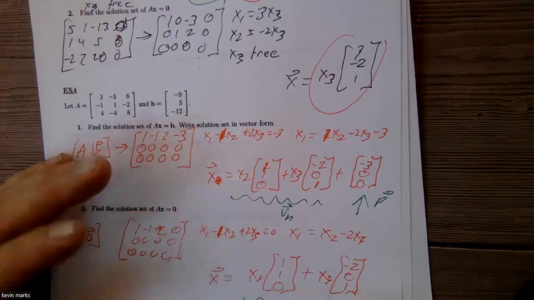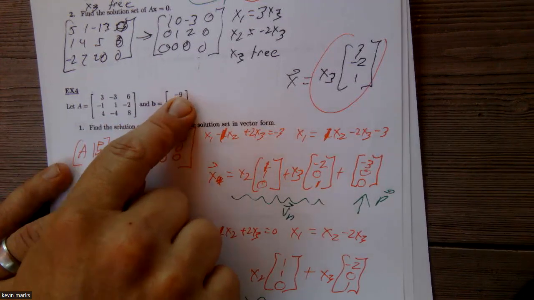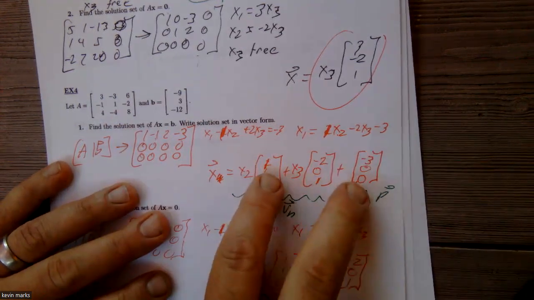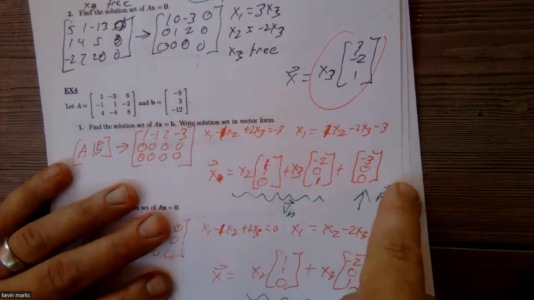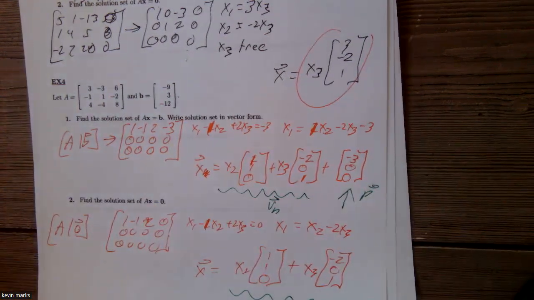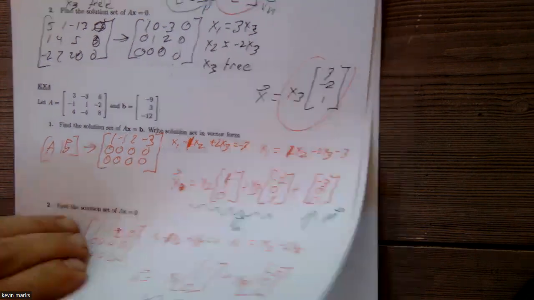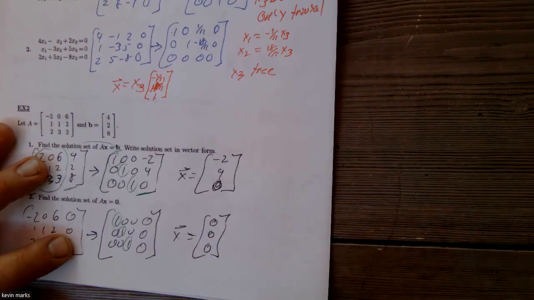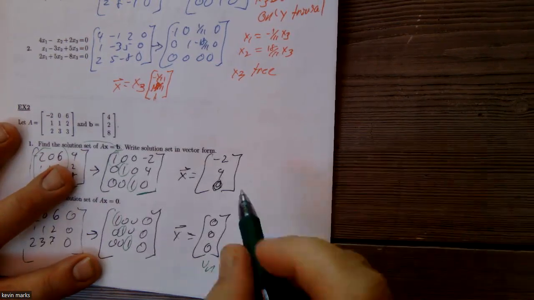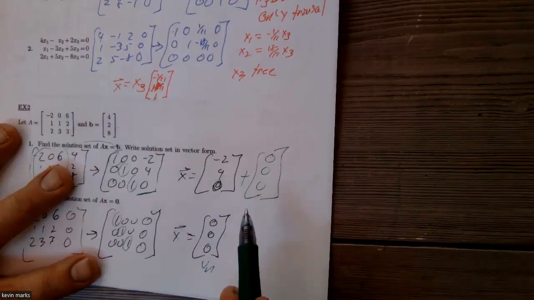But no matter how many free variables there are or how big things get, if you're trying to look at a non-homogeneous system here, if there's infinitely many, the variable part is going to be inherited from the homogeneous. You just got to tack on the starting point, right? The extra vector you're starting with, right? It's weird, but it even works here. So technically, this would be your v sub h. But if you think about that, if I added the vector 0, 0, 0, it's still there, right?